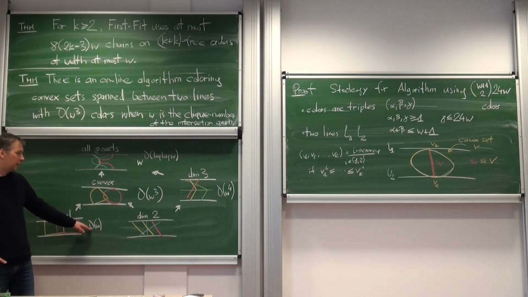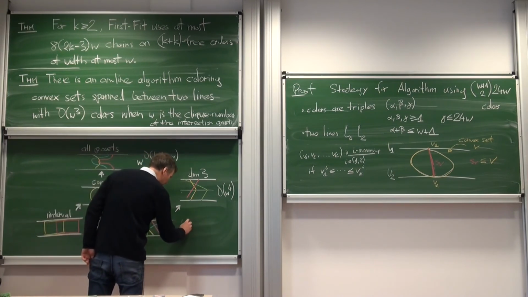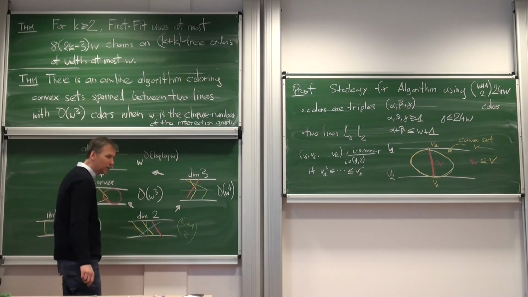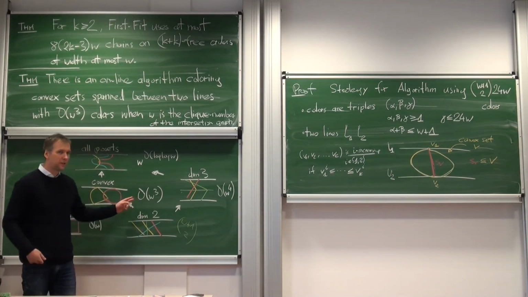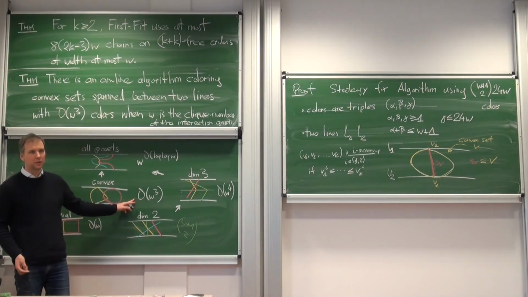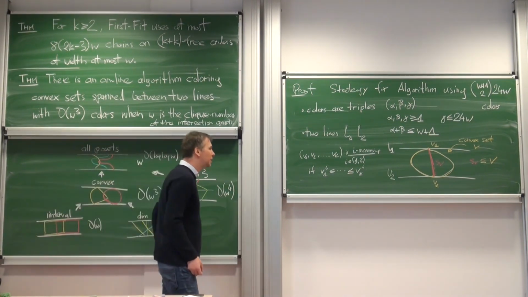And in the two-dimensional case, actually, I didn't write it, but we know that it's exactly omega plus 1 choose 2, right? And in this case, we will build an algorithm that achieves the cubic number. Cubic in omega coincides with chi because all of these graphs are perfect. So here's the proof strategy.